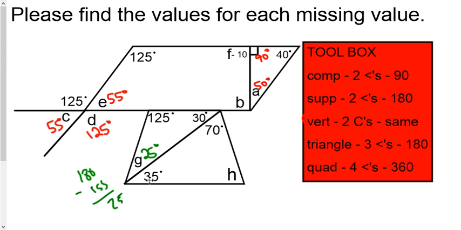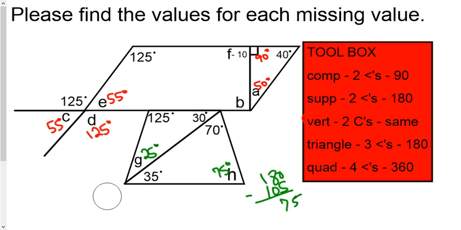Same thing here, we've got a triangle set up here, so 70 and 35 is 105. Subtract that from 180 and we get 75. So after taking a look at this, we're making progress. Now we've just got to find a way to get one of these 2 missing angles so we can go find the 4th angle of this quadrilateral.